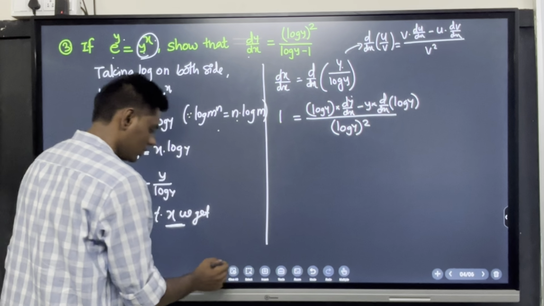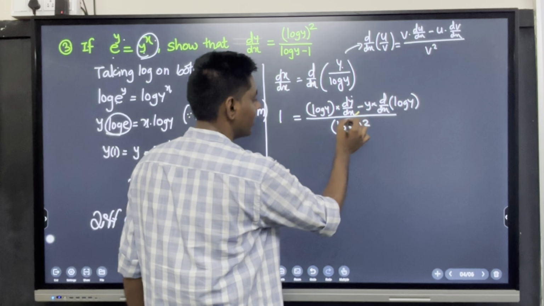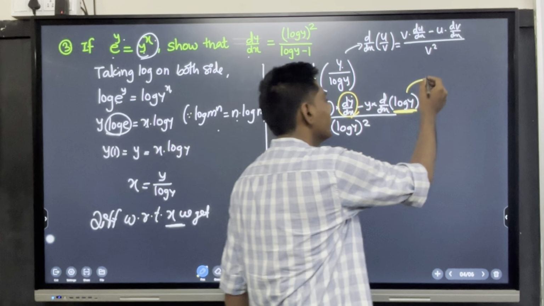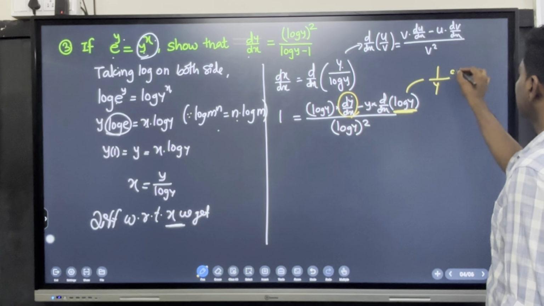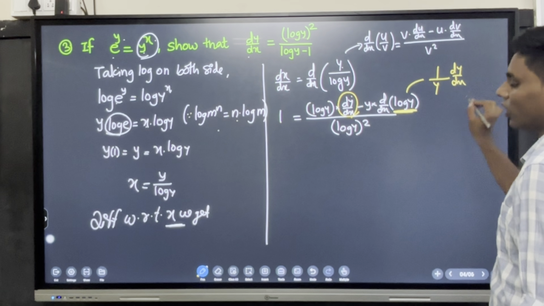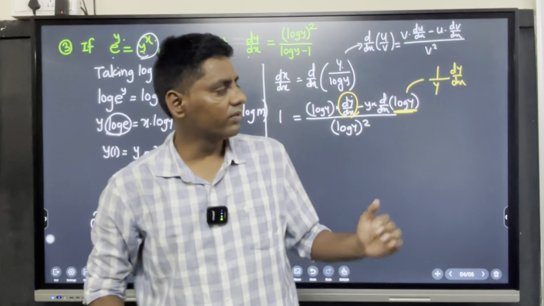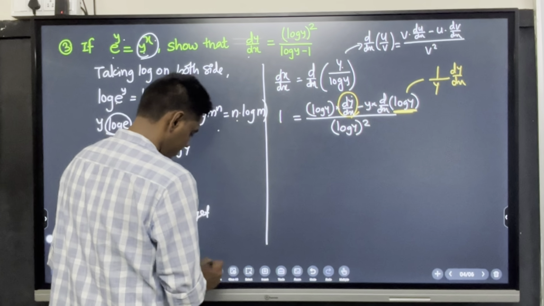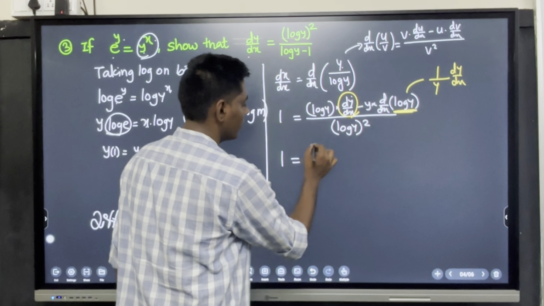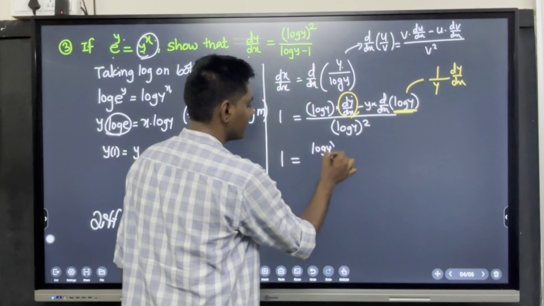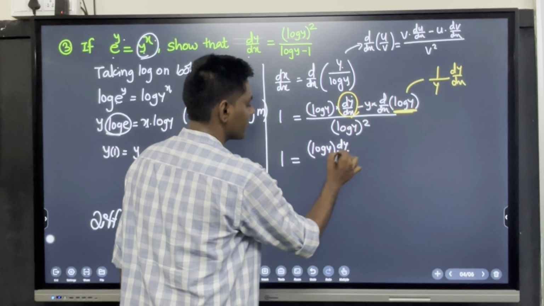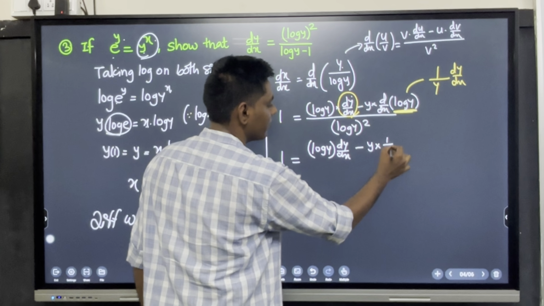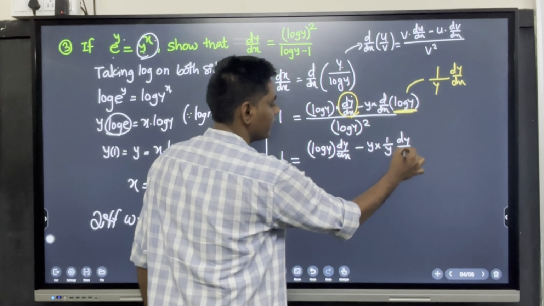So simple, we take the derivative of only two terms. Already this is dy by dx, and what is the derivative of log of y? Remember, 1 upon y dy by dx. The derivative of log x is 1 upon x, and here it is y, so that is 1 upon y dy by dx. So we get 1 equals log of y as it is into dy by dx minus y into the derivative of log of y, 1 upon y dy by dx.